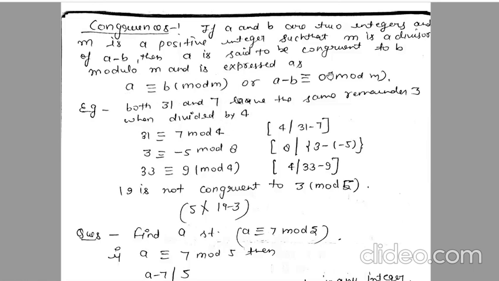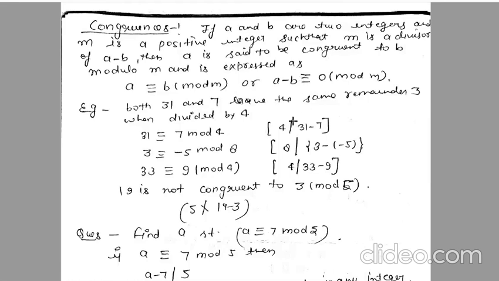We have two integers and one positive integer, and we write a is congruent to b modulo m. This sign with three lines means congruent. When you move b from right to left, a minus b is congruent to 0 modulo m. This sign is the congruent sign.